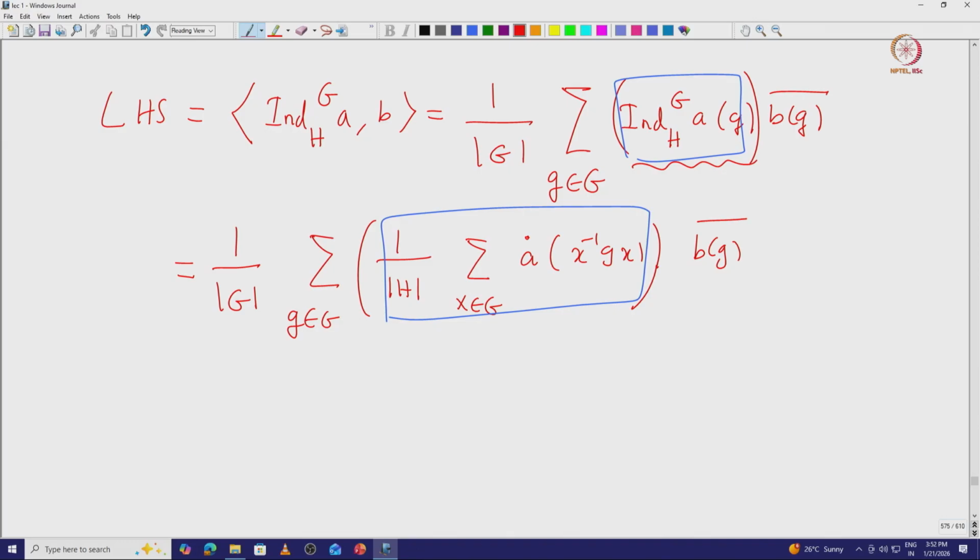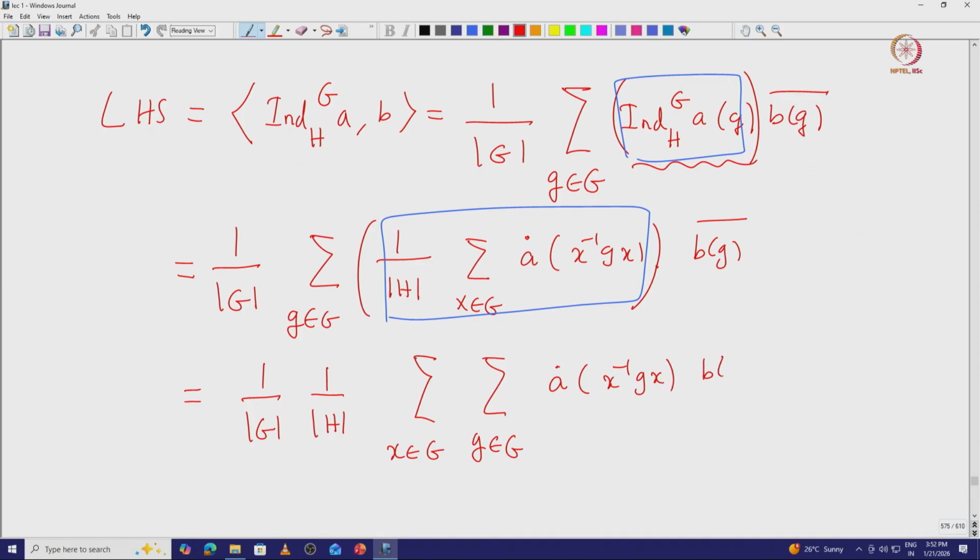So now if you just take out all these denominators, 1 divided by cardinality of G times 1 divided by cardinality of H, and regroup the terms. So we can actually switch the sum. So then you get x in G, g in G. So then you get this A dot x inverse g x times B of g bar.